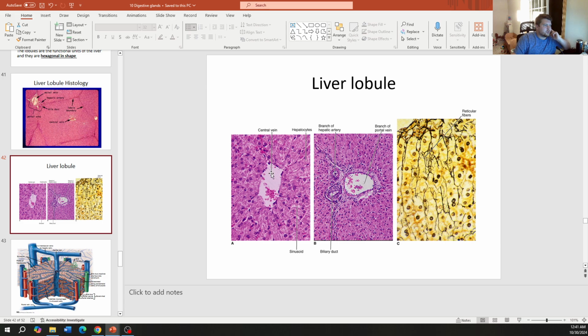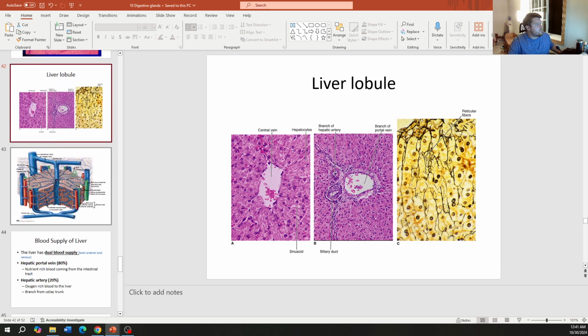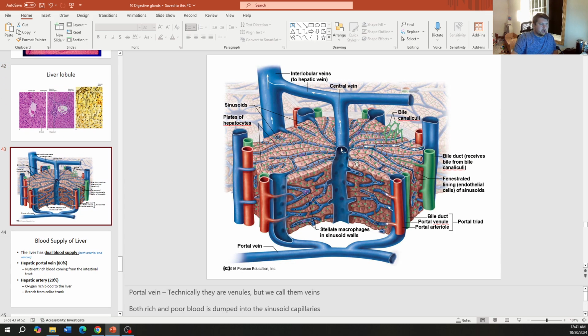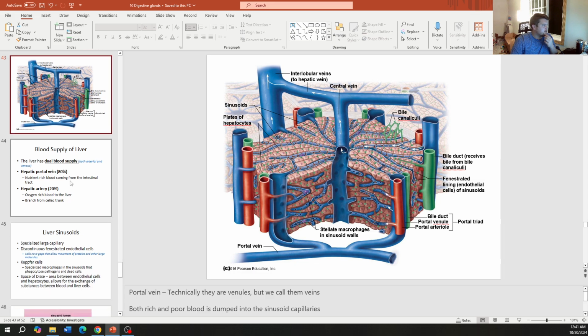More of the lobule, central vein, hepatocytes, all of this kind of stuff. If you see three things together, understand and know that that is the portal areas. Just another picture of all of this. We'll talk about bile ducts in a sec.